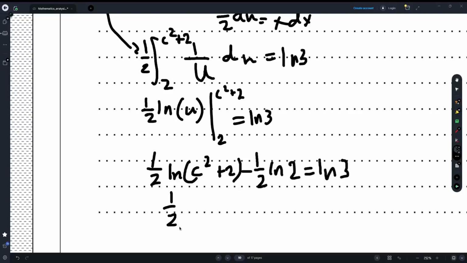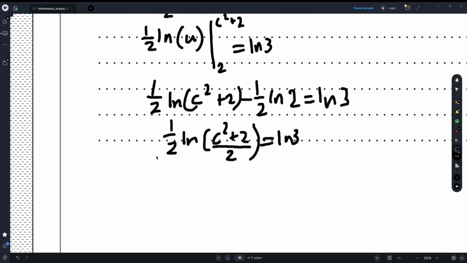So half natural log of c squared plus 2, and since it's a minus, using the property of the logarithm, we can write it as over 2, equal to ln 3. Here we can move the half inside of the logarithm as a root, and then cancel the logarithm by raising to the e power.